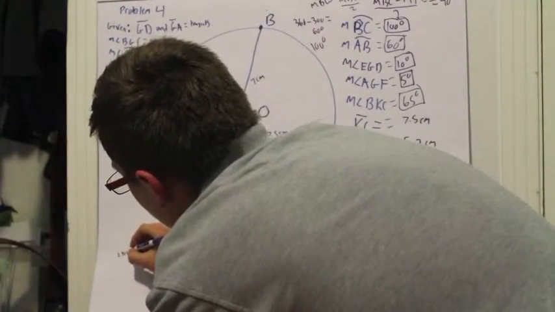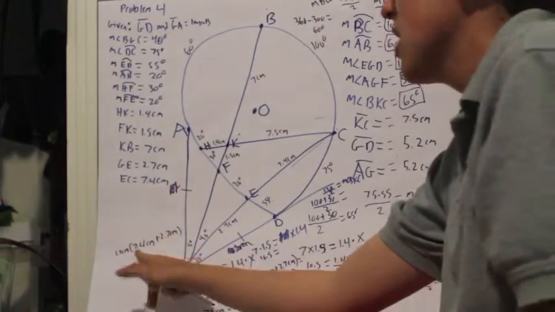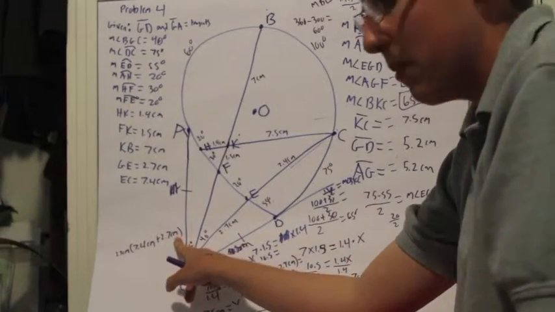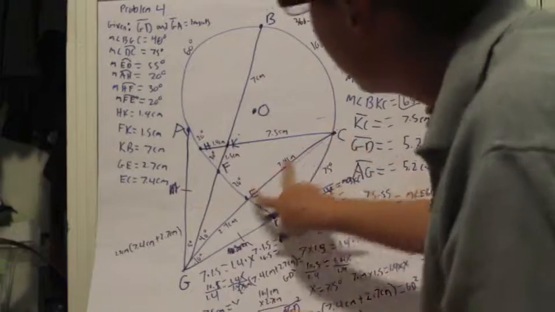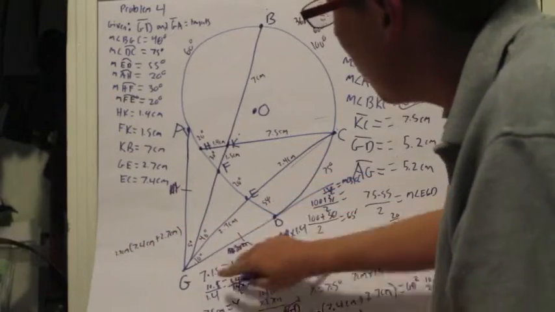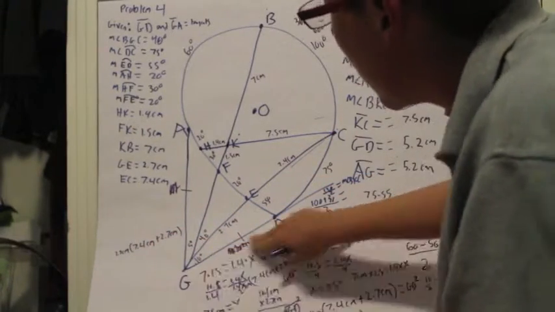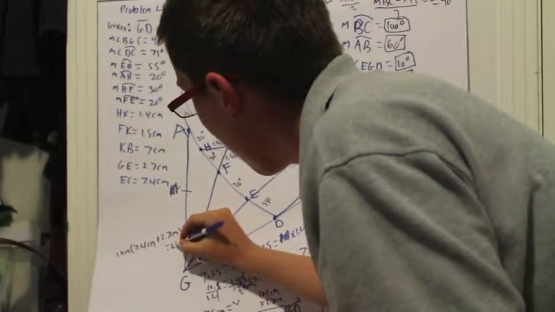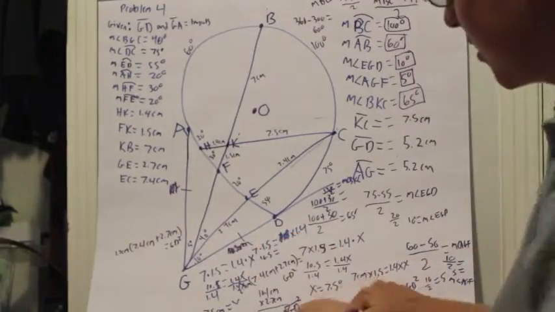So it's 2.7 times 7.4 centimeters plus 2.7 centimeters. And that equation will equal the tangent GD squared.